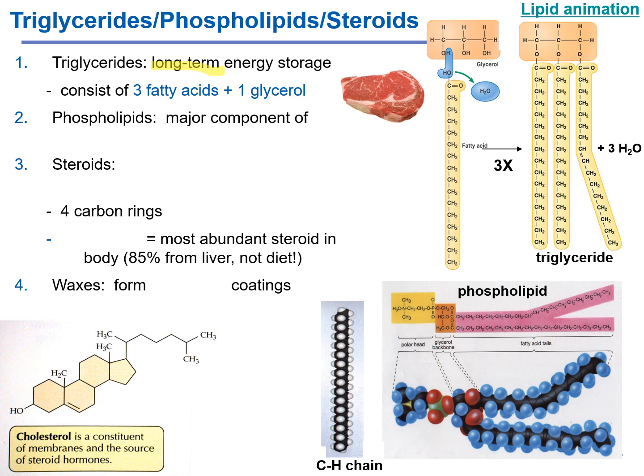There's a picture of meat here because all of this white portion of the meat is triglycerides. Phospholipids are the major components of cell membranes. This will be further discussed in chapter 5. Steroids, some examples of these are cholesterol, estrogen, testosterone, and progesterone.